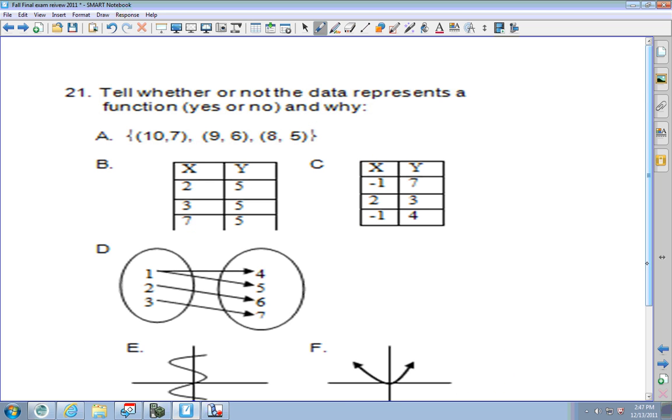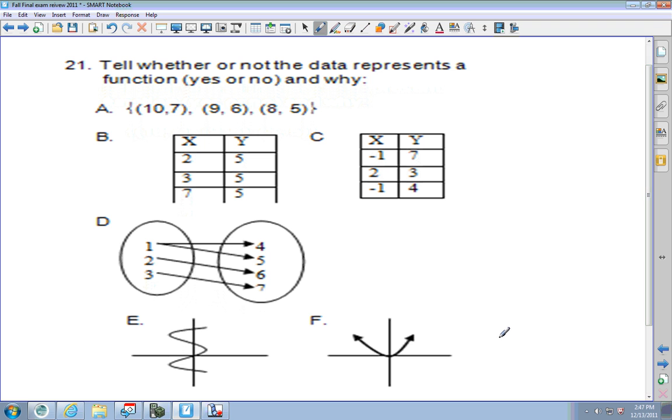21. It asks, tell whether or not the data represents a function, yes or no. What does it mean when it's supposed to be a function? Well, when you're looking at all these numbers, it means your X number cannot repeat. So let's look here on the first one. My X is 10, X is 9, X is 8.